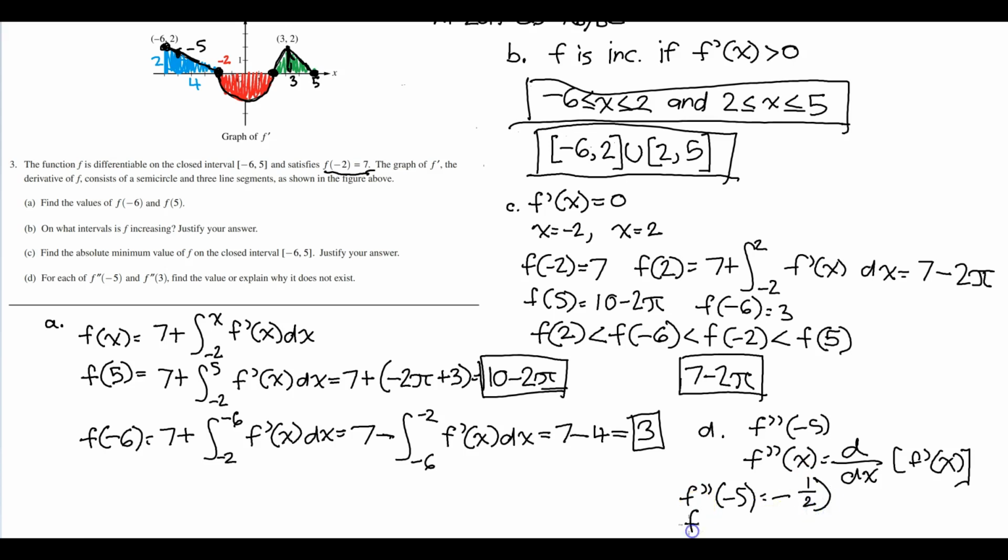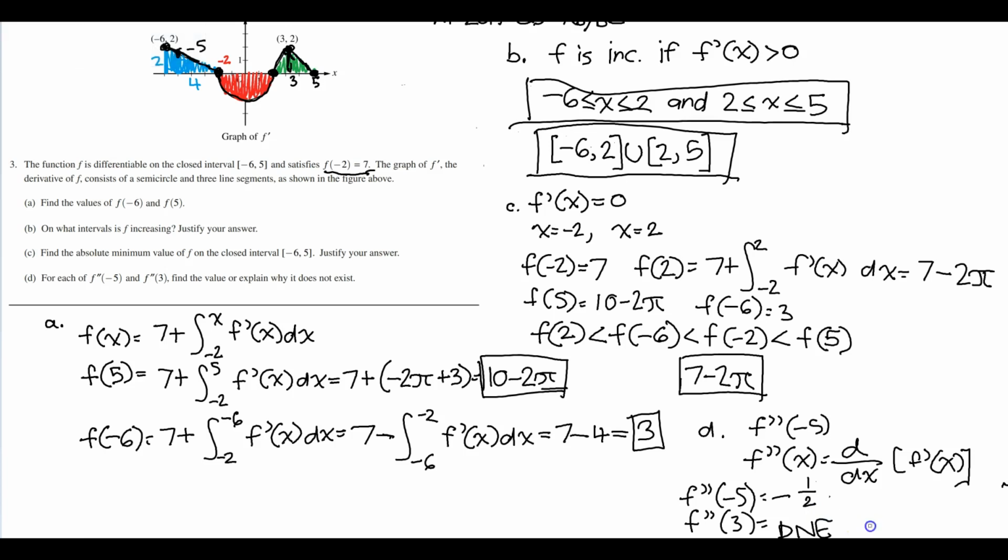Now what about 3? This one is strange because there is no slope at this point. In fact, it does not exist because f prime is not differentiable at that point.